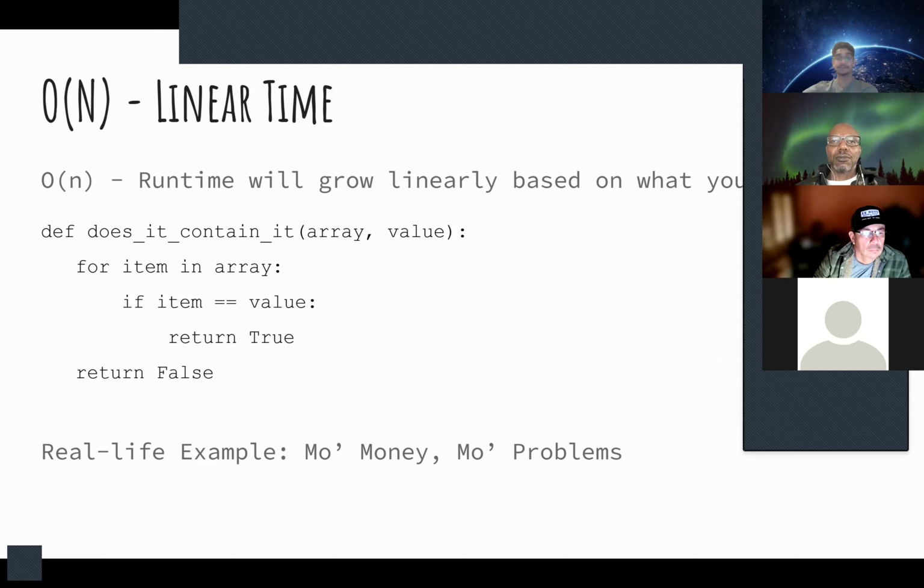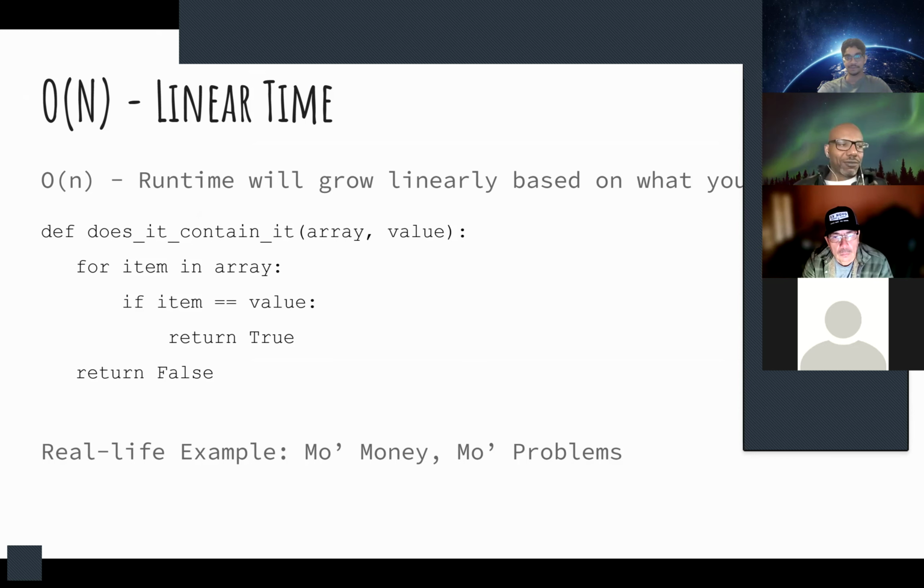I went through it 100 times for something that includes 100 elements. So in the worst case scenario, you are going to go through the loop as many times as you have elements. So there's a one-to-one relationship, if you will, between the size of your list and the amount of time it takes to run through your function. Does that make sense? Any questions about that?